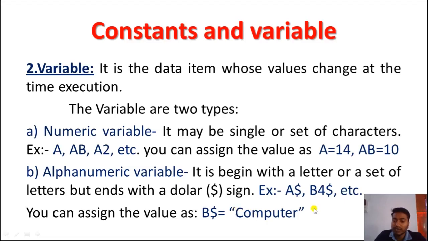Here you can see we have a double quote, and inside this double quote we have computer. Same way, whatever characters you want to give, you have to give within the quote. Understood? And the dollar sign just on the right side of the variable you have to give. So this is alphanumeric variable.